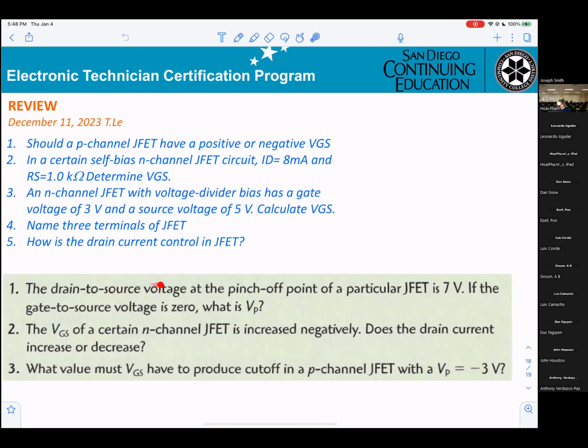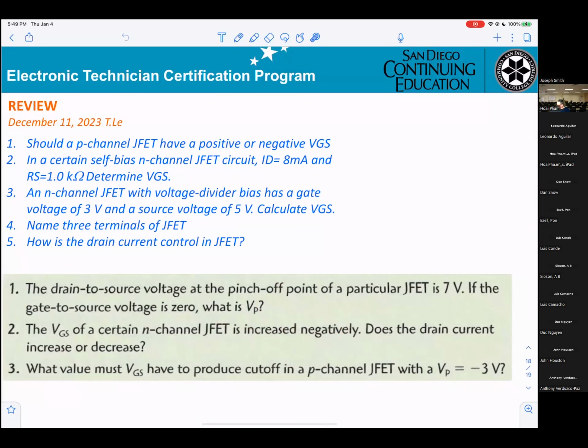The drain to source voltage at the pinch-off point of a particular JFET is 7 volts. If the gate to source voltage is 0, what is VP? VGS of a certain N channel JFET is increased negatively.